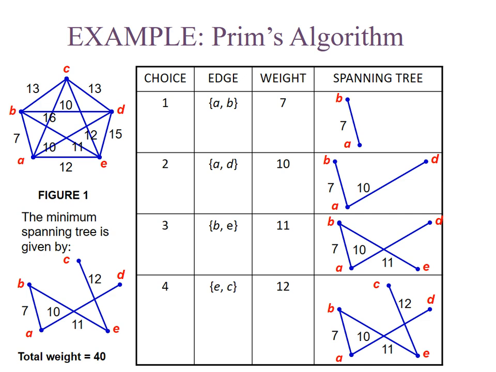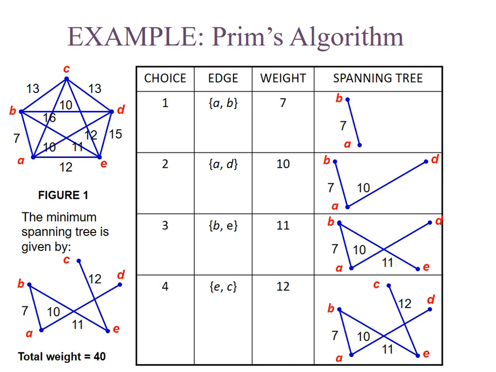So the edge with least weight will be the edge AB, and the weight will be 7. Okay. So our first step is to choose the edge AB with the weight 7 into the spanning tree. And now we have the spanning tree with two vertices and the weight is 7.